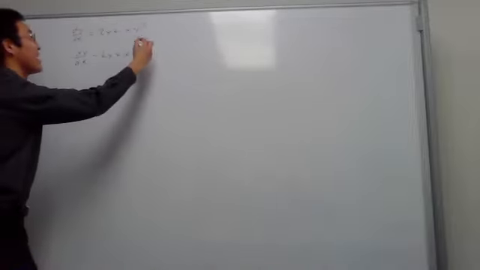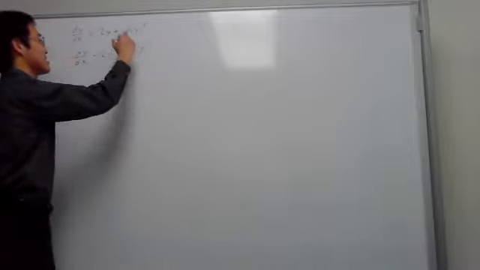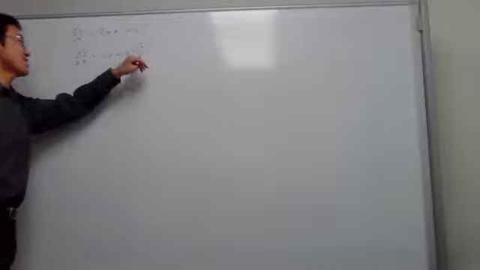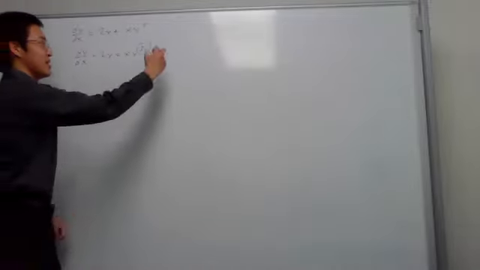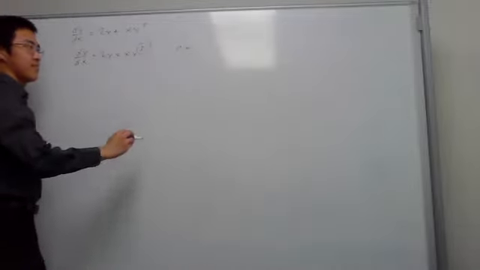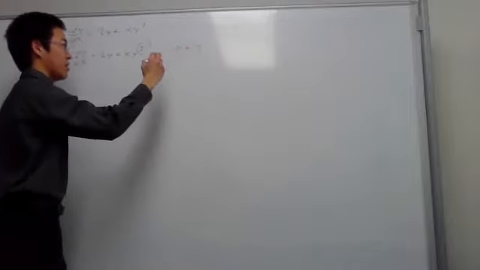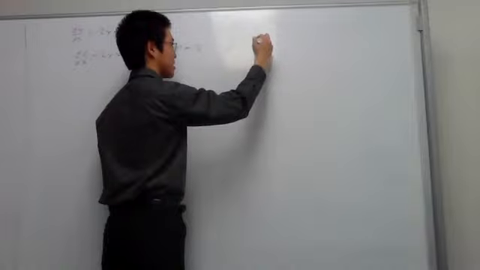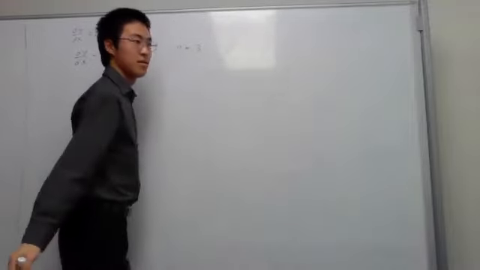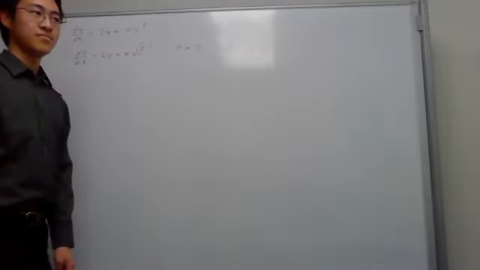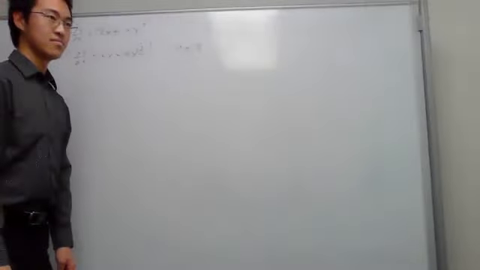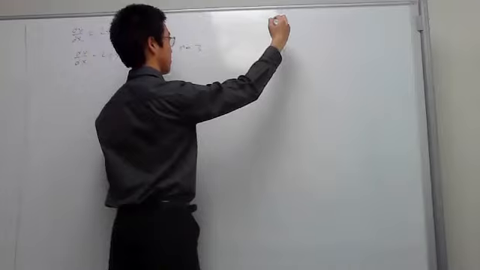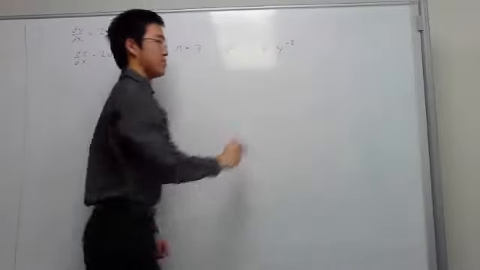We're doing Bernoulli. So this is the information we're taking. If it was linear, you would take P and Q, but since it's Bernoulli, we're taking just the n. So n is what? Which means our fancy little substitution is going to be what? v will equal y to the 1 minus n, or y to the -2.